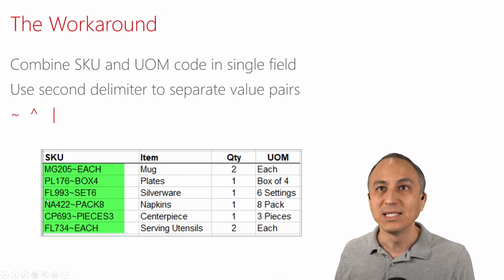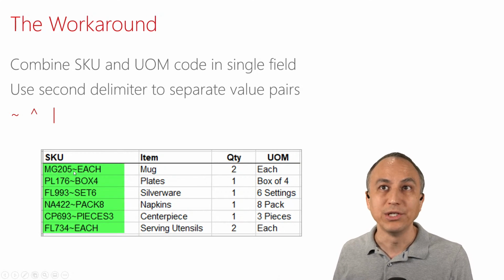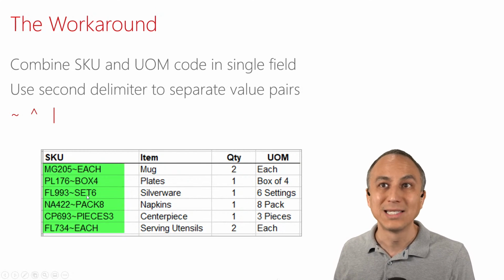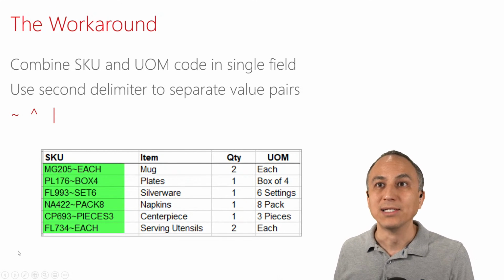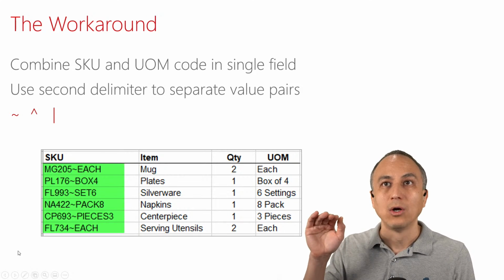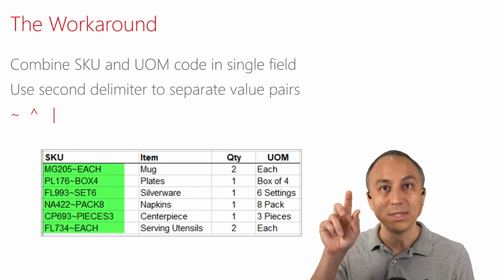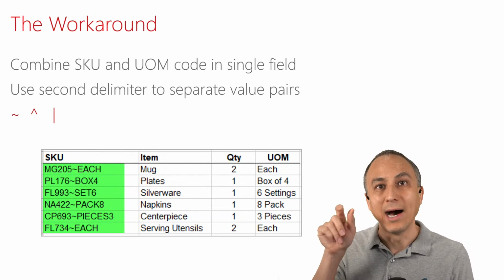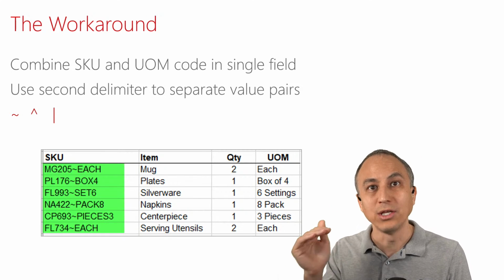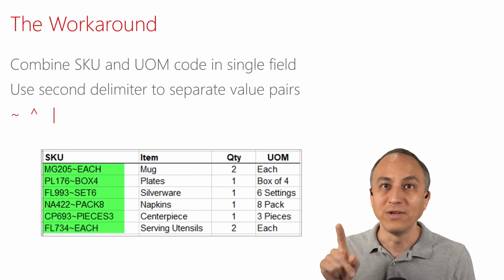So in this case, I have MG205 tilde each, PL176 box 4, set 6, etc. And so I can now read the SKU, I can do a split on the tilde, and I can get both the SKU and the unit of measure out of one field.